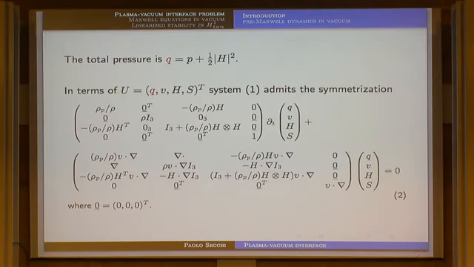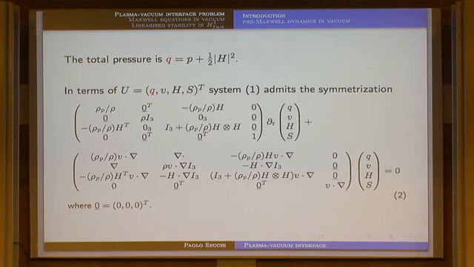Okay, but we take another choice of the independent variables. I consider the total pressure. It is more convenient to take the total pressure Q, and in terms of Q and still of the entropy and V and H, we can write the equations in a different way as a symmetric system.